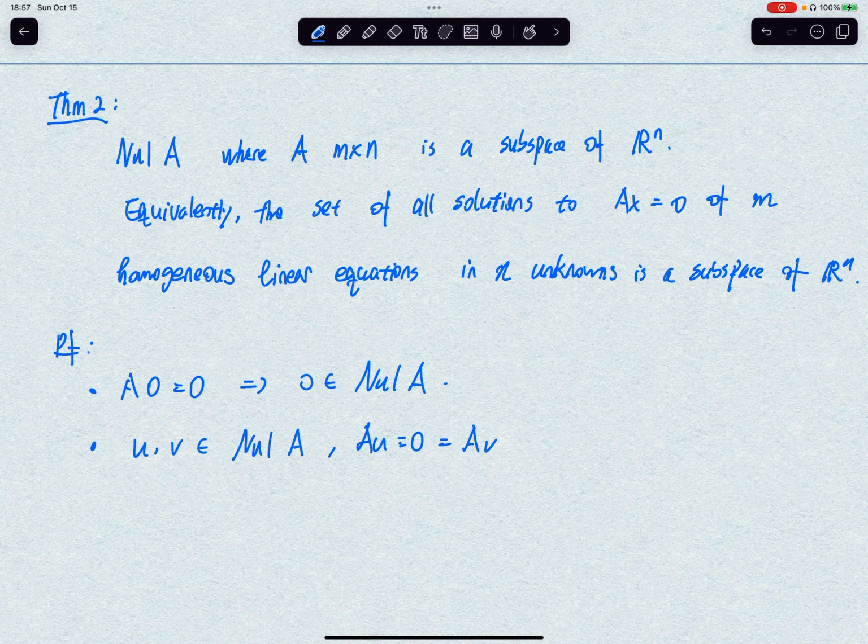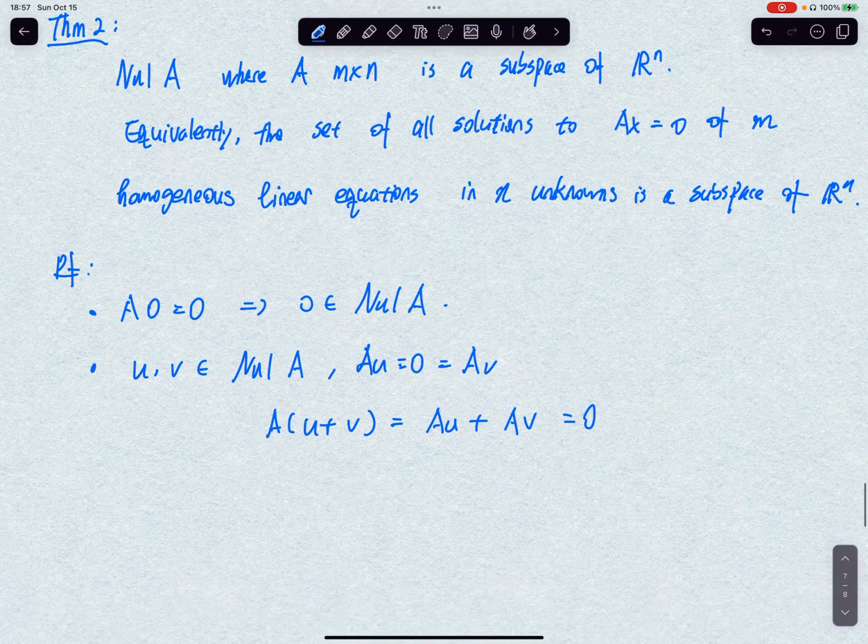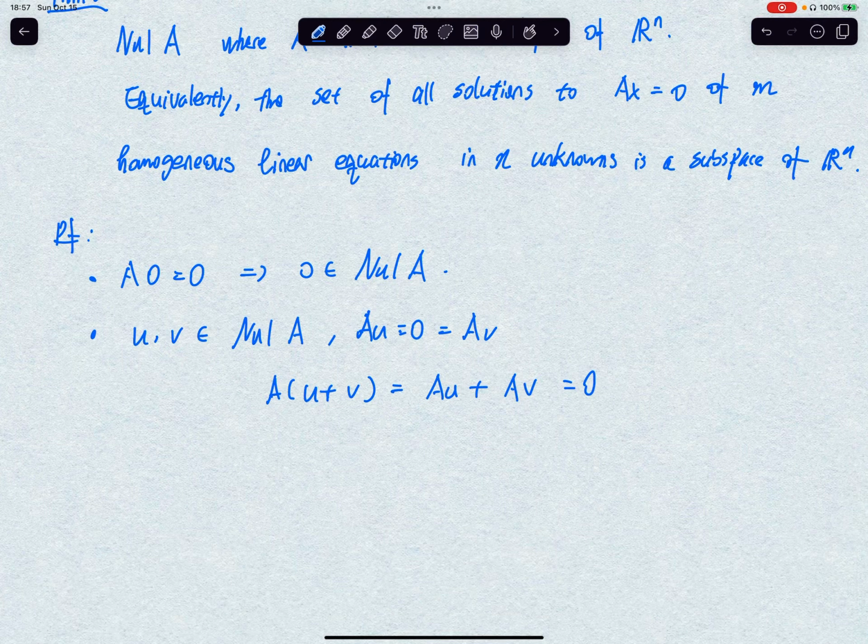And by the property of matrix multiplication, we have A times (u plus v) equals Au plus Av, which vanishes. So of course the null space is closed under vector addition.